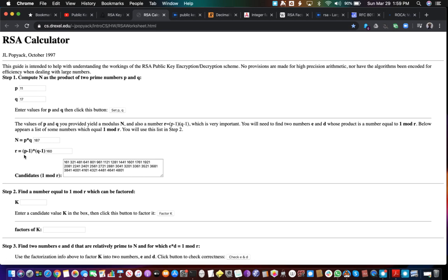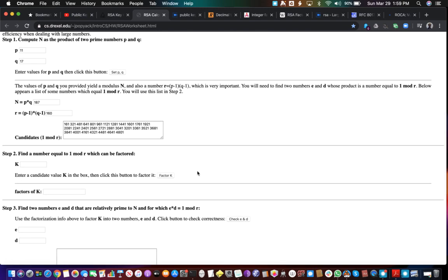It also computes P minus 1 times Q minus 1. Now we haven't done that math yet, but it turns out that that's phi of n. So R is phi of n, and it turns out to be 160. What's the next step? We need to find an encryption exponent and a decryption exponent.